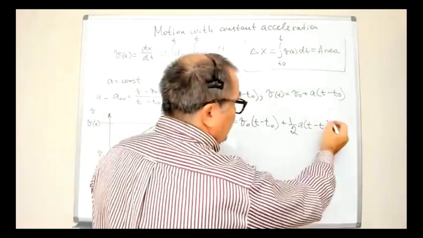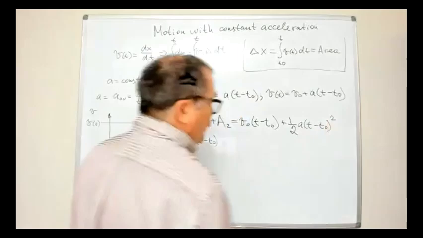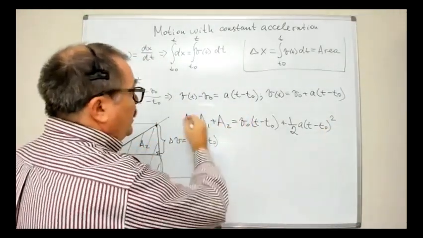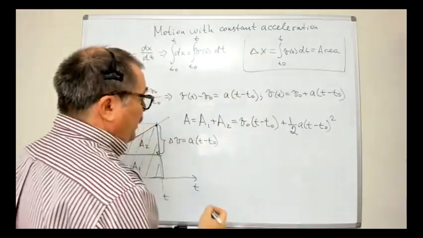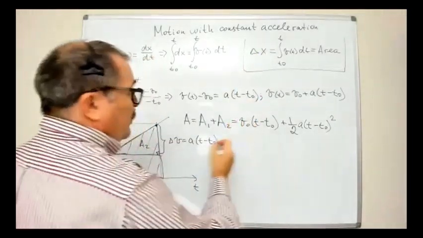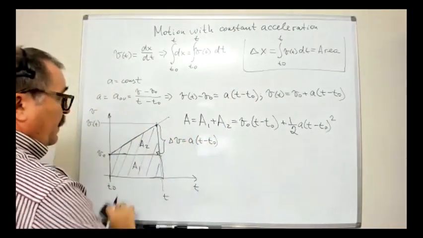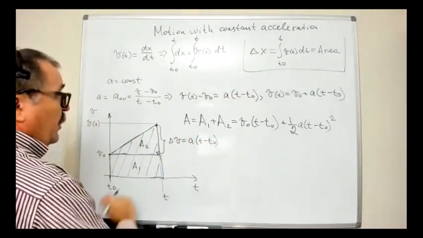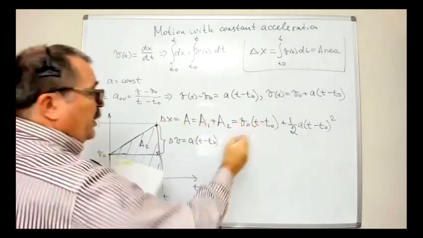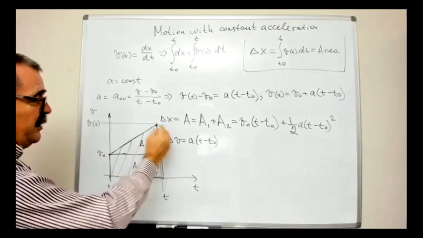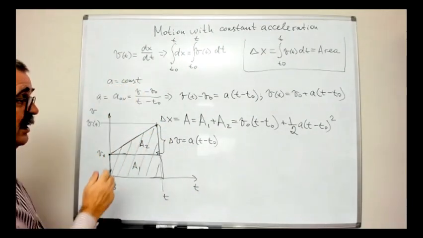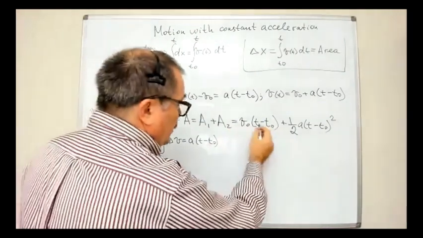So that means that when I multiply it here, it's going to be squared here. And that area A must be equal to the delta x. So finally, if I write it here, delta x equals this area. So I found the relation between the displacement of the object moving with constant acceleration a and the time t.